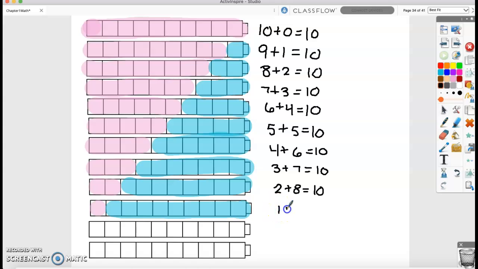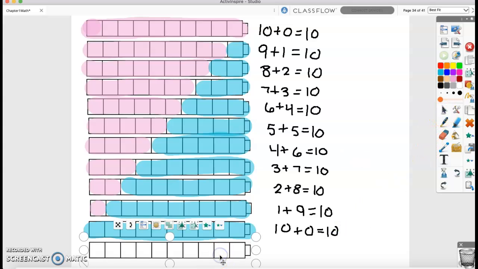If you said 1 plus 9 equals 10, awesome job. And this one, I'm going to color all of them blue. So what do you think that's going to be? If you said 10 plus 0 equals 10, awesome job.